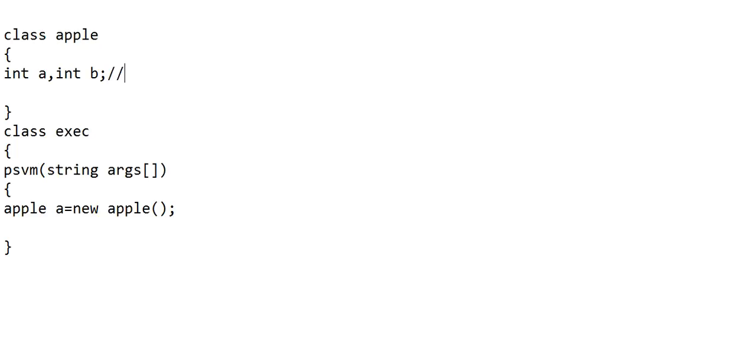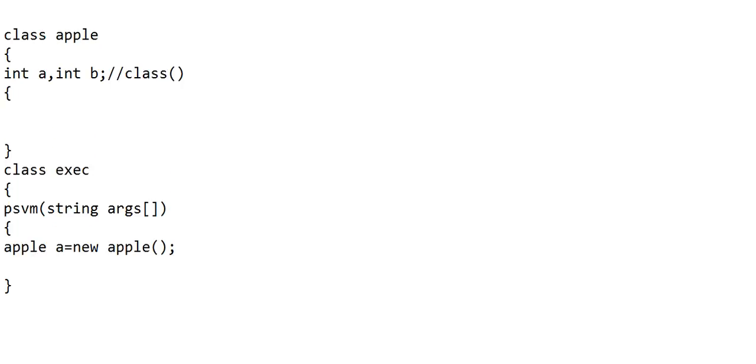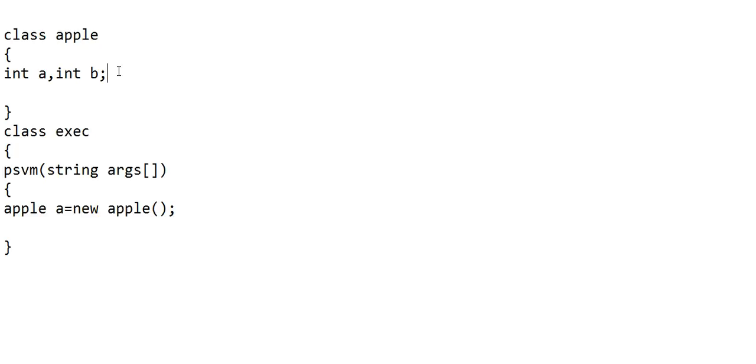The constructor defined by the JVM will be in the form of the class name with an empty body. This is the dummy constructor, which you get if you don't give any constructor.